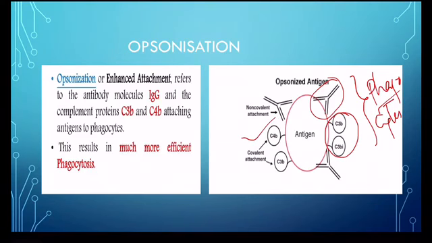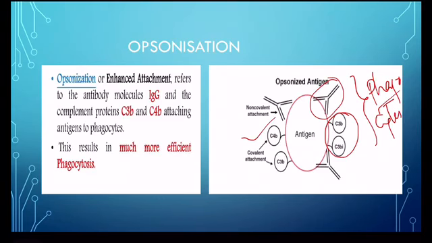The major functions of neutrophils, macrophages and dendritic cells are antigen killing by means of phagocytosis, and the dendritic cells and macrophages are the major antigen presenting cells. That means they activate the T cells.